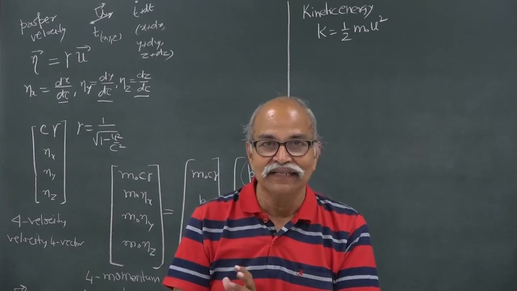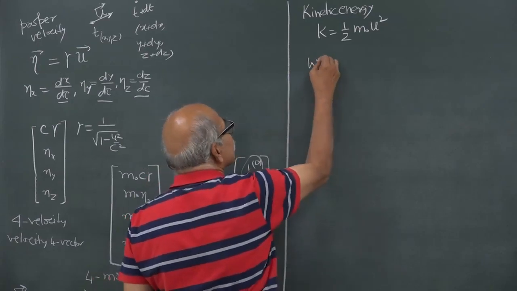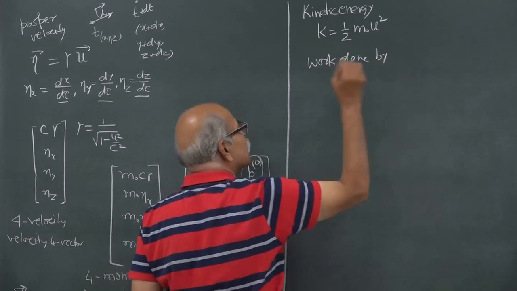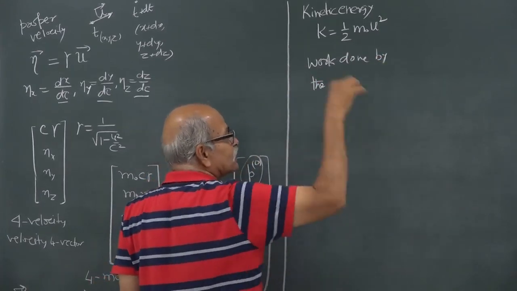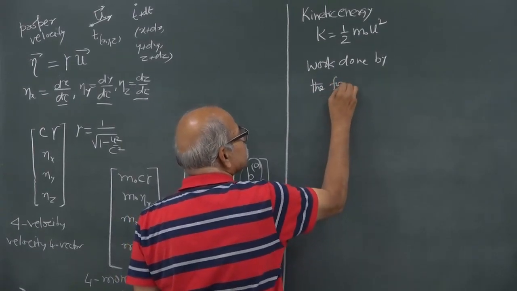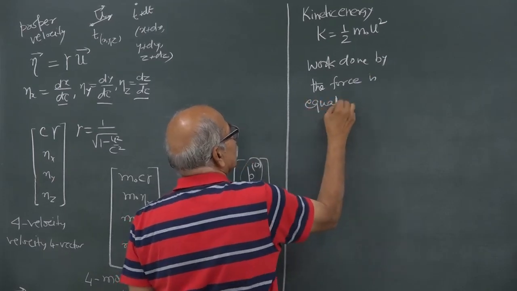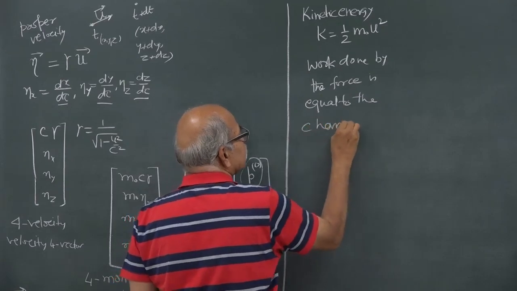From there we define kinetic energy. So, work done by the force, I am talking of a single particle, whatever is the resultant force on that, the work done by the force is equal to the change in kinetic energy.